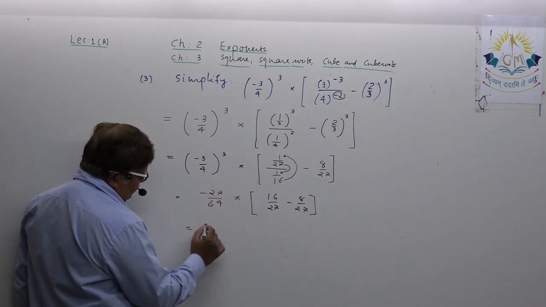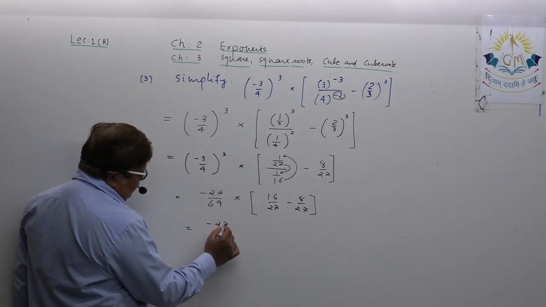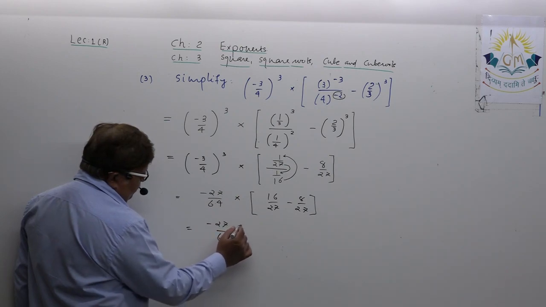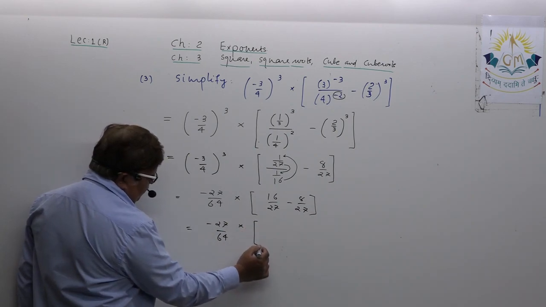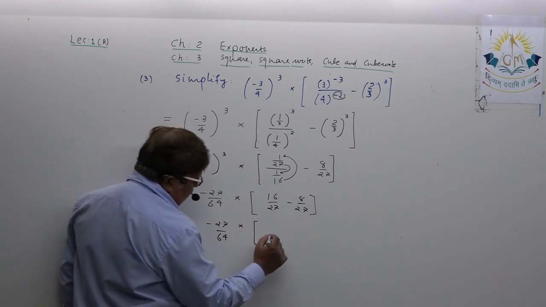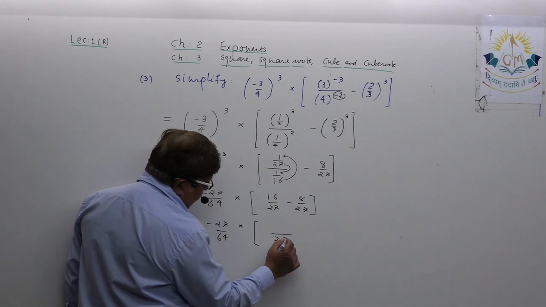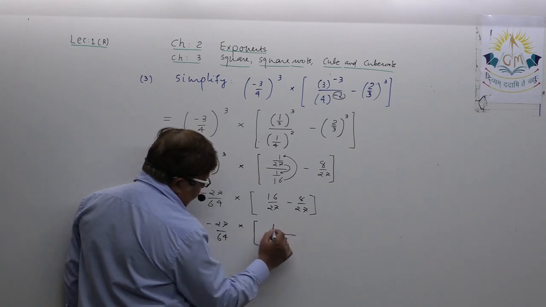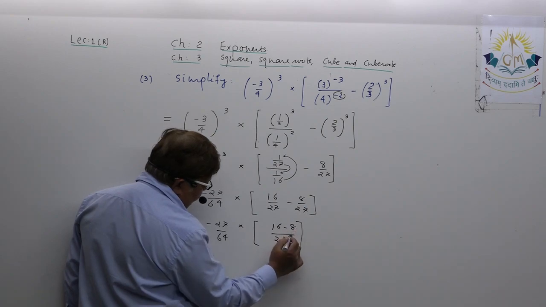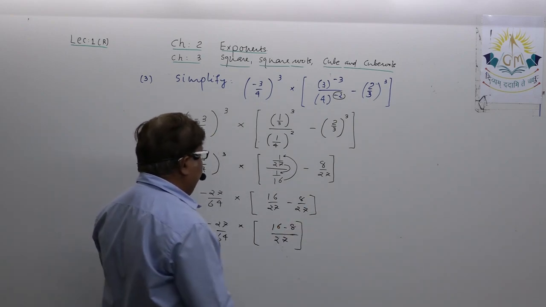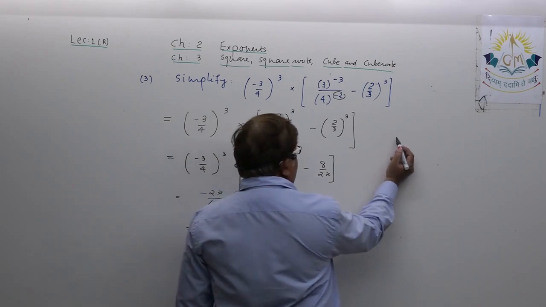Now here, there is no question of just hesitating. Because 27 is already there, the common looking LCM, so just 16 minus 8, is it clear? The next step further, we would like to carry them here.